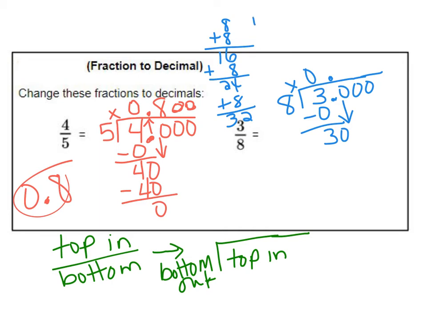So I know I have 1, 2, 3 eights that I added. I'm going to do 8 times 3, and it tells you it's 24. So I'm going to subtract that. 10 minus 4 is 6. 2 minus 2 is 0. So then I have to bring the next 0 down.